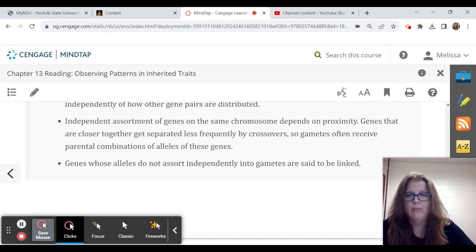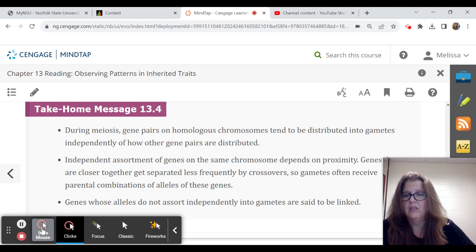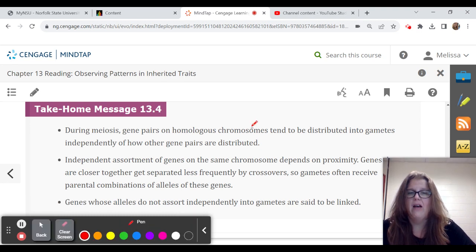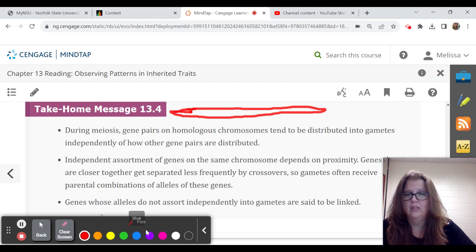I wish your book. Let me see if I can make a quick little. So if we have a chromosome, like if this is your chromosome, let's just say, and you have these are your different gene locations here.